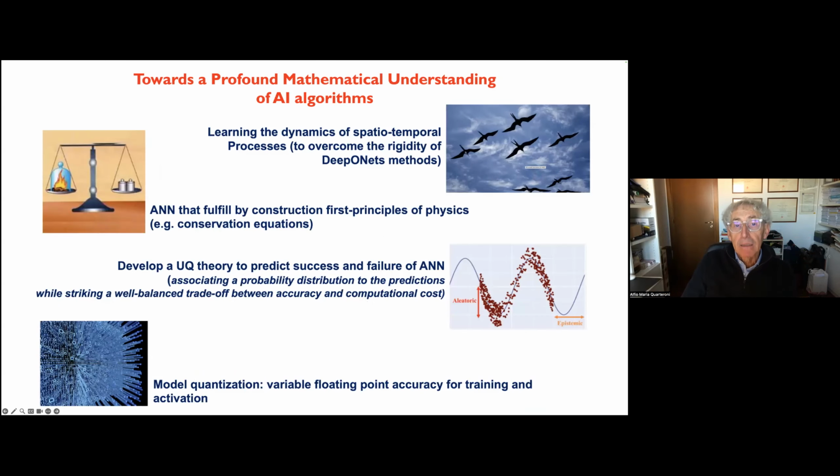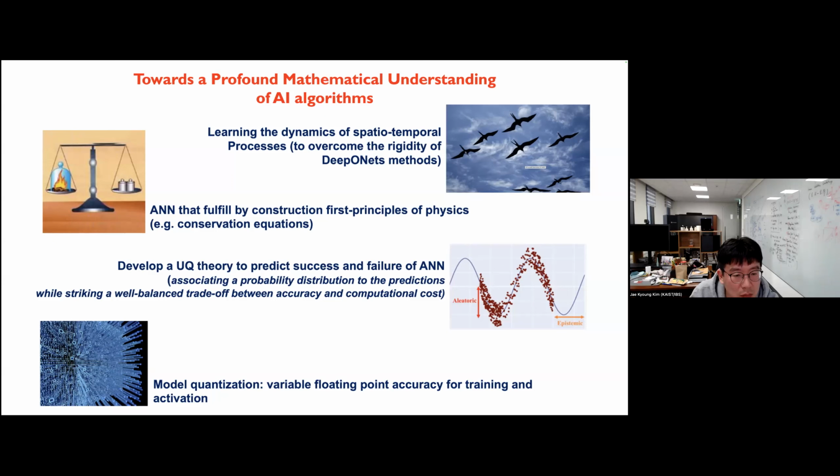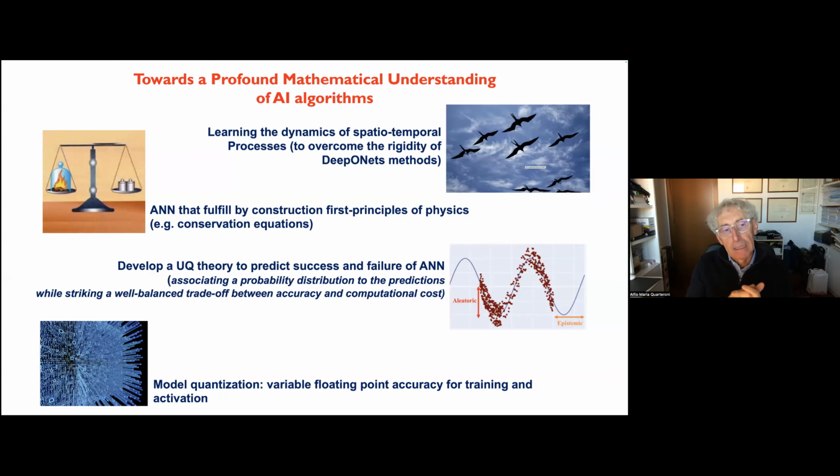And then again, this is what we started doing, learning the dynamics of processes when it is not clear from physics. Can we build up, say, artificial neural network algorithms that respect basic physical properties?